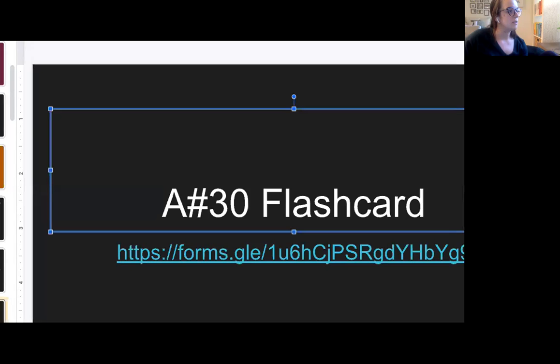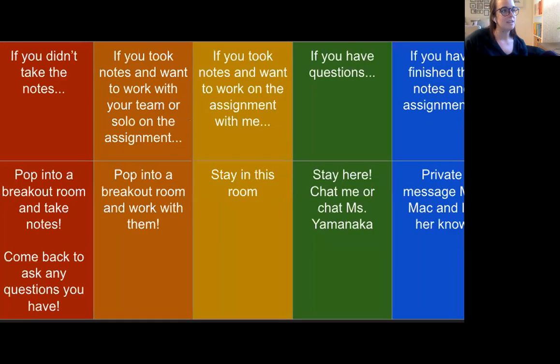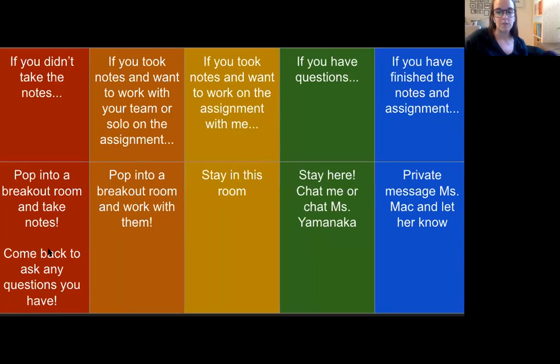I am going to jump us into our normal working groups that we have been working with. If you didn't take the notes and you still need to jump into them, feel free to pop into your breakout room now and take notes. If you want to work with your team or you want to work solo, you can also jump into a breakout room.